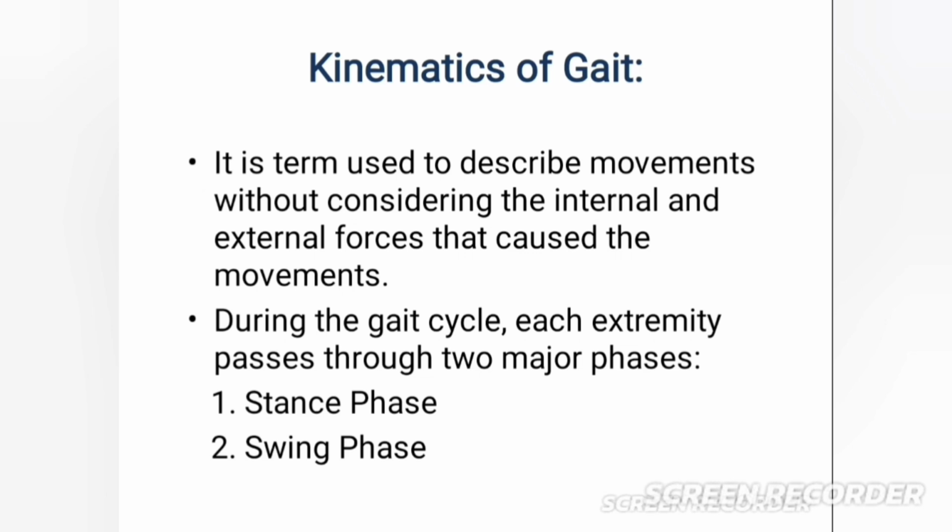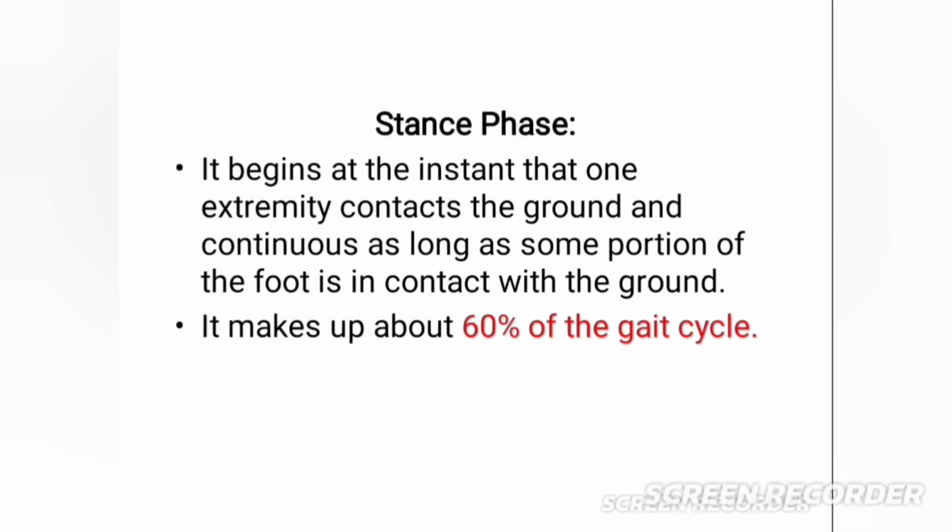So stance phase means when your foot is in contact with the ground. It is about 60% of the gait cycle, during which your foot remains in contact with the ground.